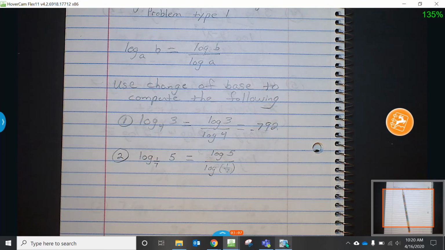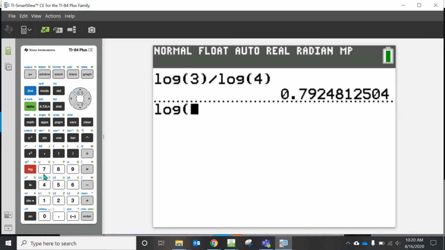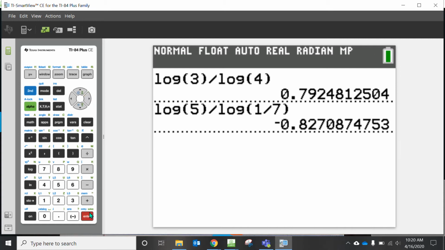So you just go over to your calculator. Any scientific calculator will do this. So log of 5 divided by log of 1 divided by 7. Put an extra parenthesis in there. And we get about negative 0.83.